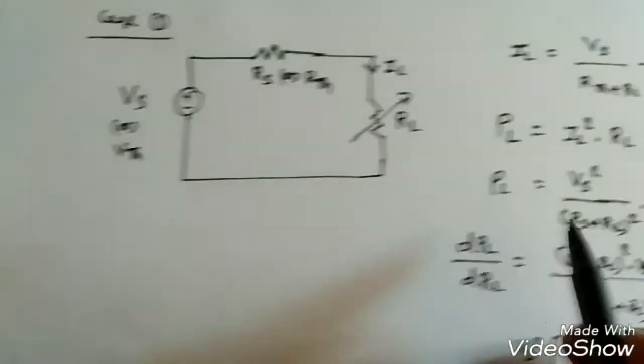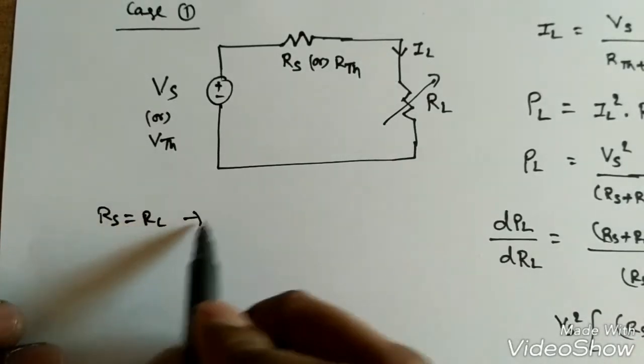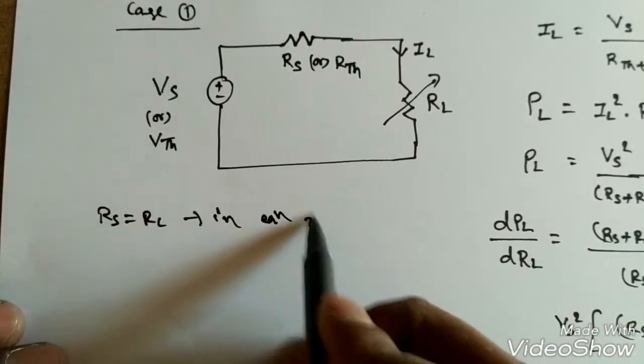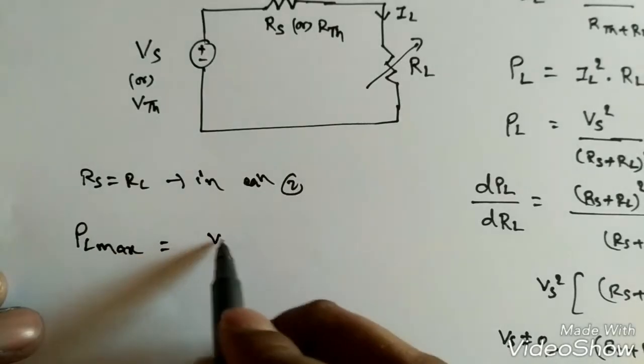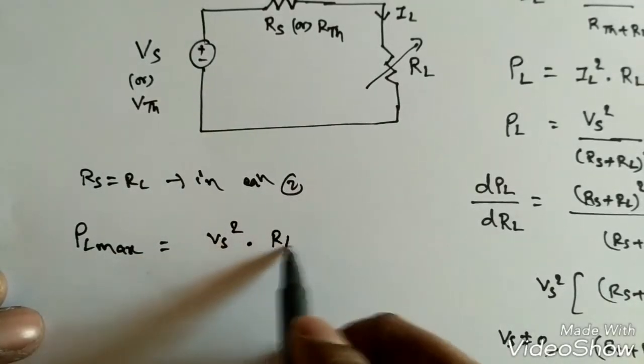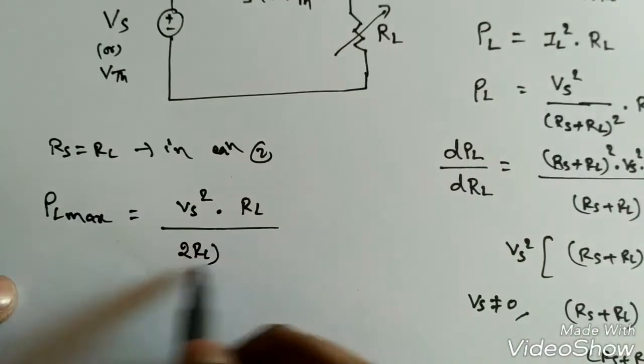Now if I substitute RS is equal to RL in equation 2, to find the load power PL, PL max is equal to Vs square into RL by, in place of (RS plus RL), it will become (2RL) square.